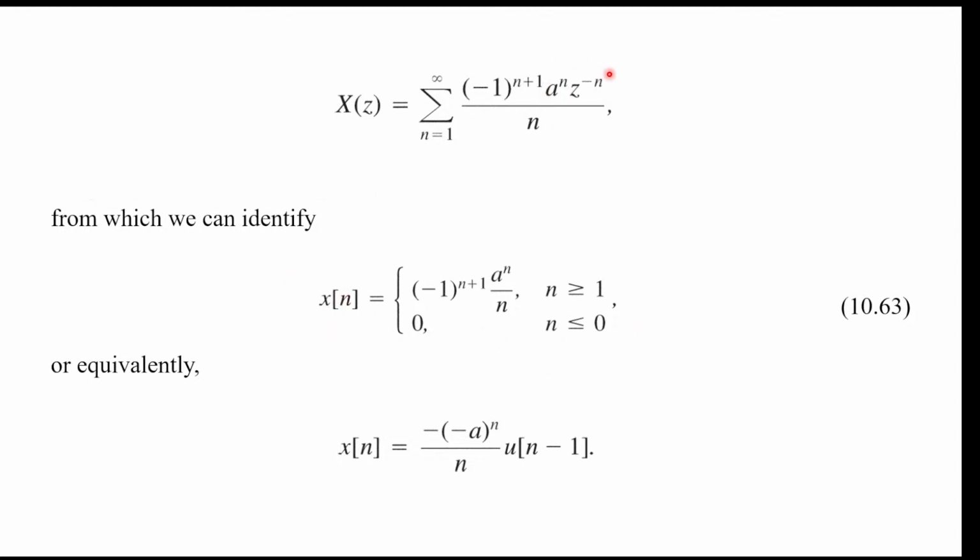With positive n, we have our x of n equal to all the other things other than z to the minus n, which is minus 1 to the n plus 1 times a to the n over n. So our x of n will be equal to minus a to the n over n times u of n minus 1.